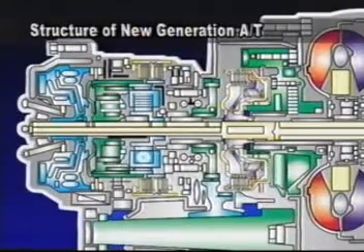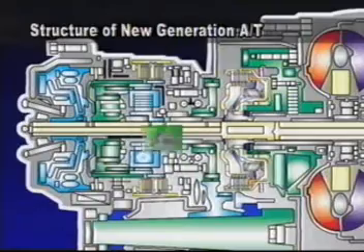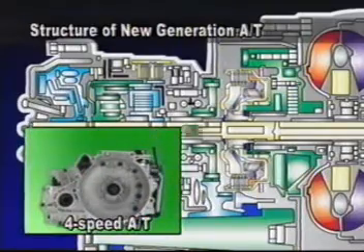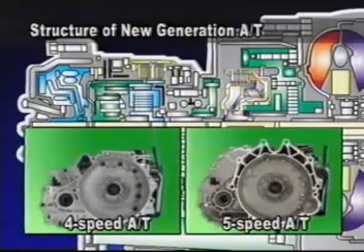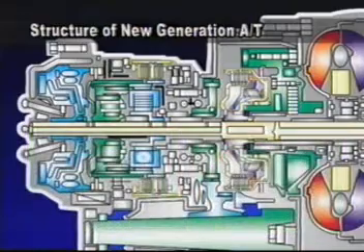The structure of new generation auto transaxle is divided into two types: 4-speed and 5-speed types. 4-speed auto transaxle consists of 3 clutches, 2 brakes, and one-way clutch like the conventional driving forward 4-speed automatic transaxle.